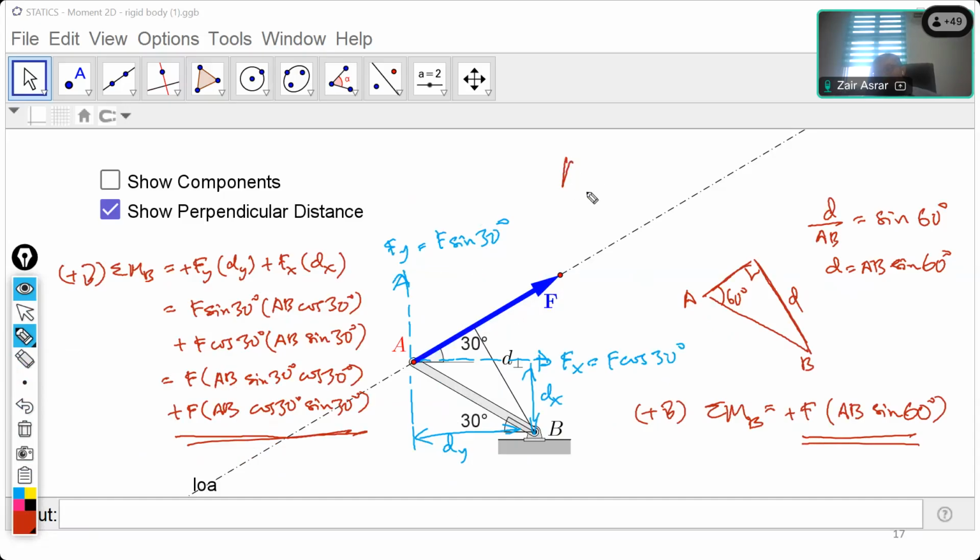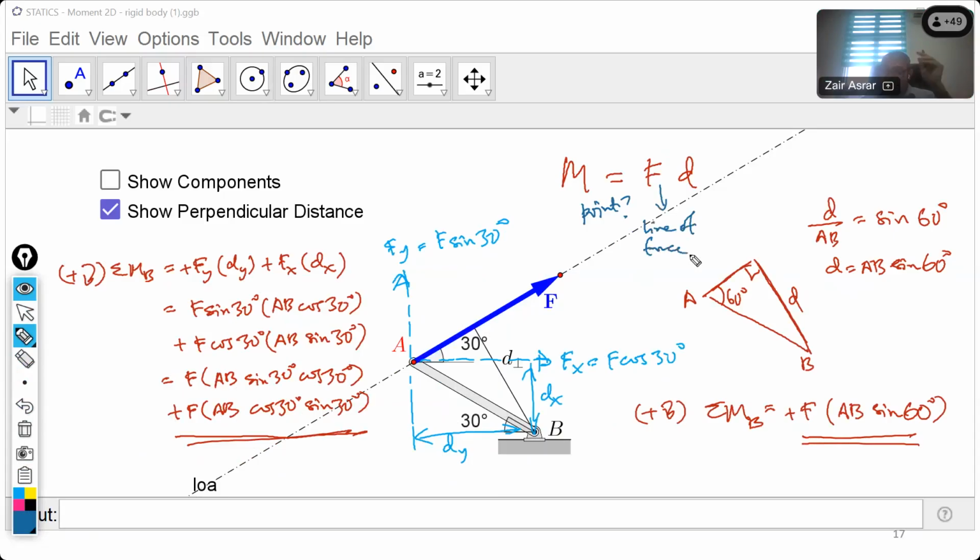When you want to calculate moment, it will be equal to the force times perpendicular distance from the line of force towards the point of moment. So to calculate moment, what you need to know is at which point you want to calculate moment. Once you have recognized that, where is your line of force?